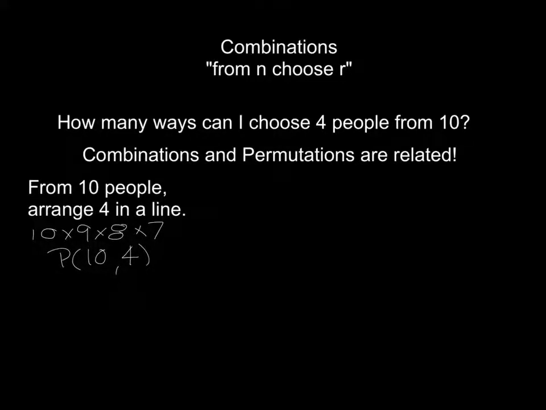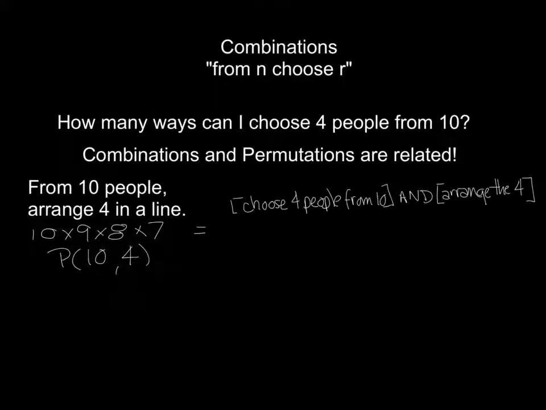How does this relate to combinatorics? Well, I could have considered this problem as a 2-stage process, where the first stage I choose from the 10 people, I choose 4, and the second stage I arrange those 4 people. I've written those 2 stages here, choose 4 people from 10 and arrange the 4. So choosing the 4 people from 10, well, that's going to be my C of 10, 4.